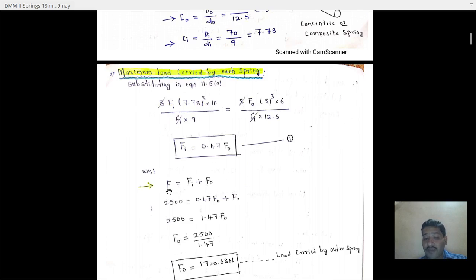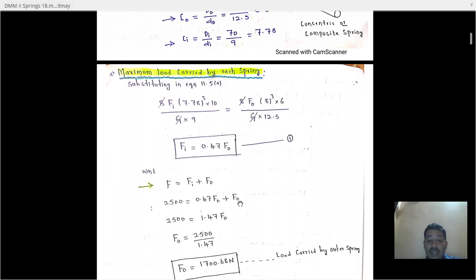Fi value is already given in the question. How much is given? 2500 Newton is given, equal to the Fi value, which is 0.47 Fo. 0.47 into Fo plus Fo as it is.